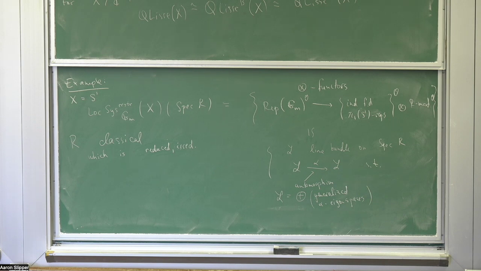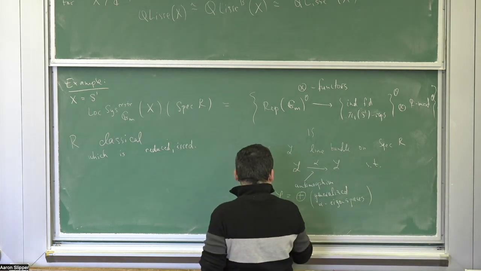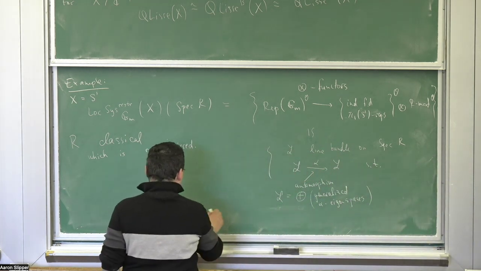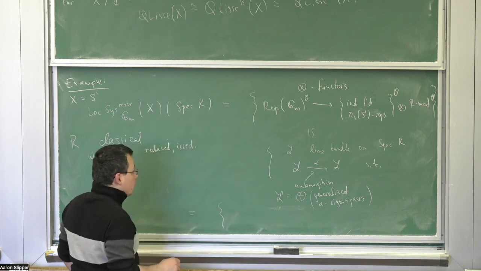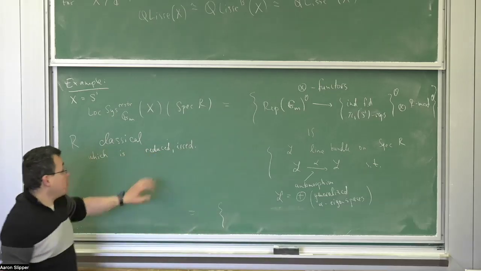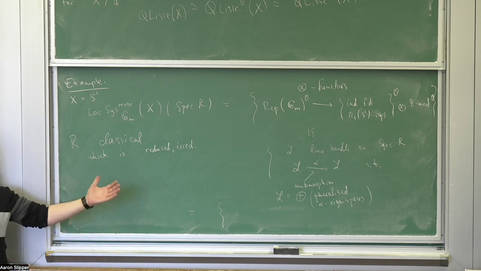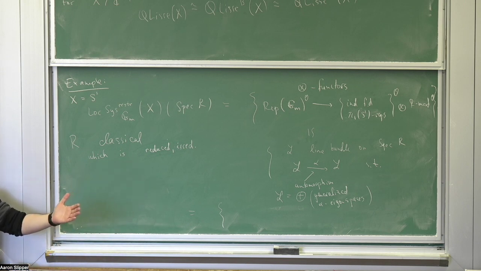And in particular, this condition implies, under the condition that R is reduced and irreducible, that the line bundle has to be trivial, because this decomposition has to be compatible with the R module structure.